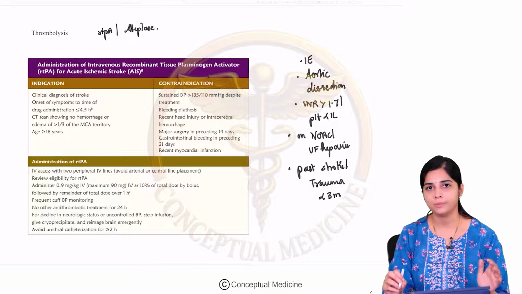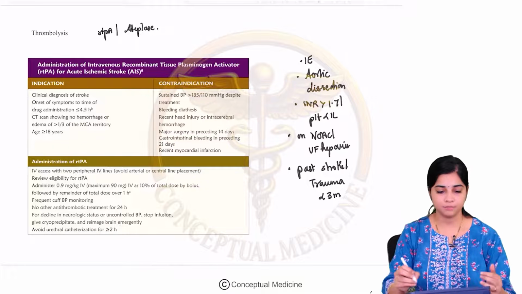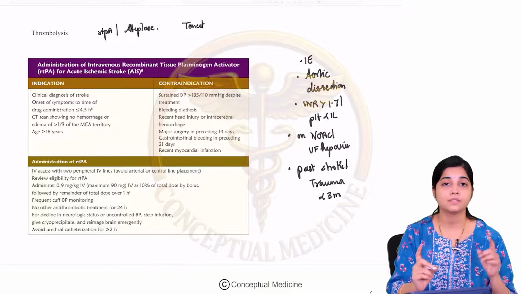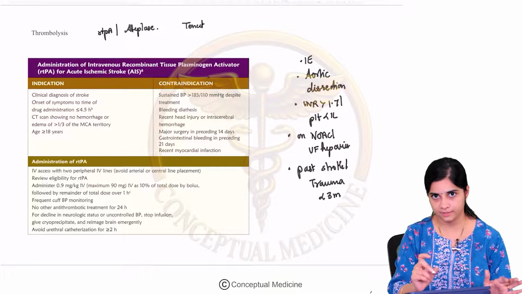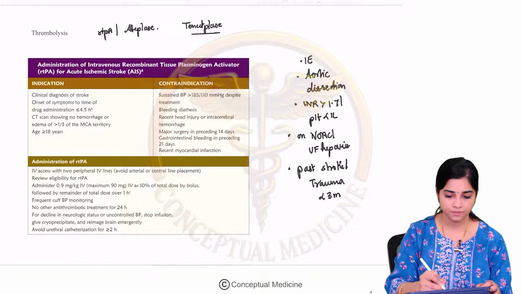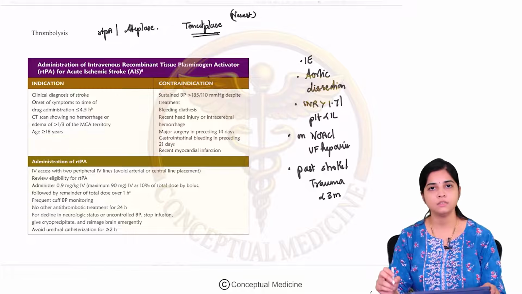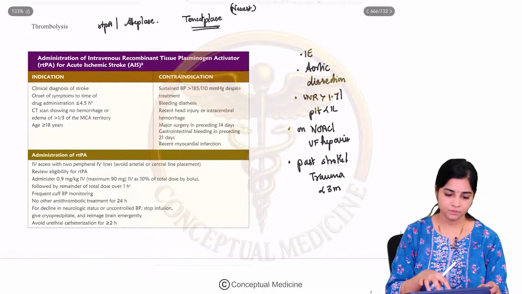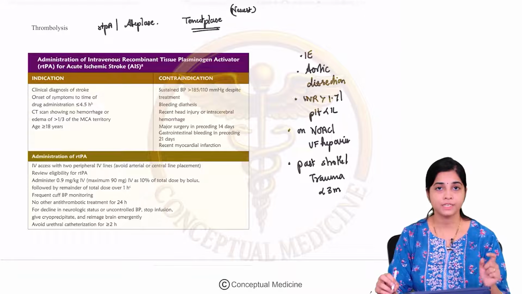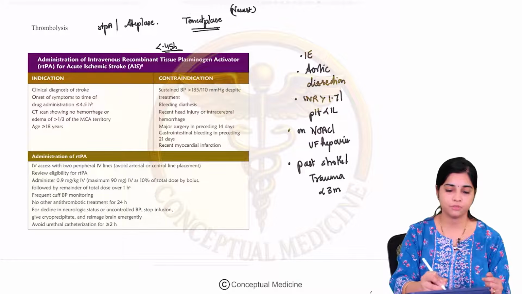Recently, in the year 2025, after nearly 30 years of no other drug being approved, the newest drug approved for thrombolysis in stroke, we are not talking about thrombolysis in MI, it is stroke, is tenecteplase. So how is it administered? It is administered IV. In an acute ischemic stroke within 4.5 hours, we do thrombolysis.